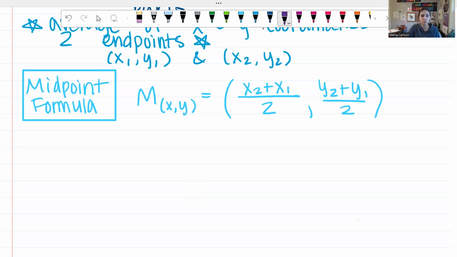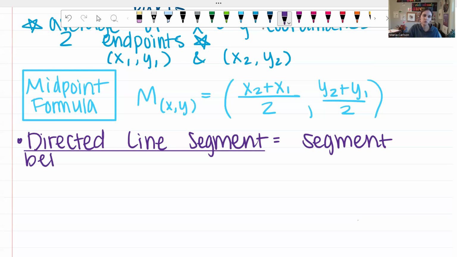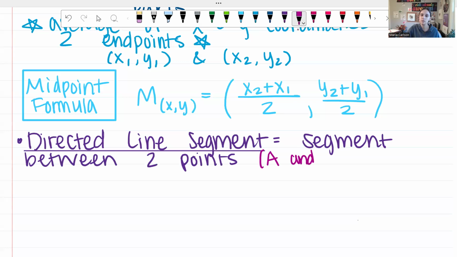Okay, so what is a directed line segment then? It really is a line segment where we are taking into consideration the direction. So a segment between two points, for example, maybe they are points A and B, with a specified direction.